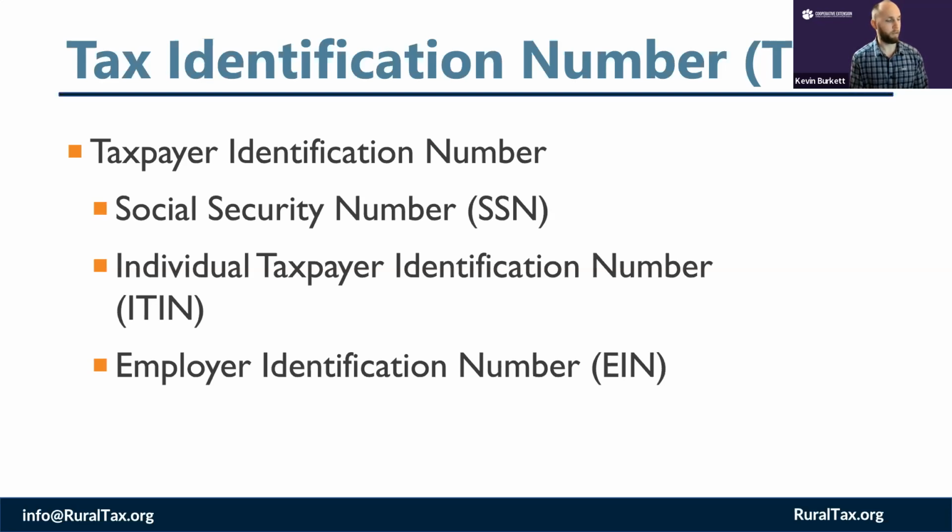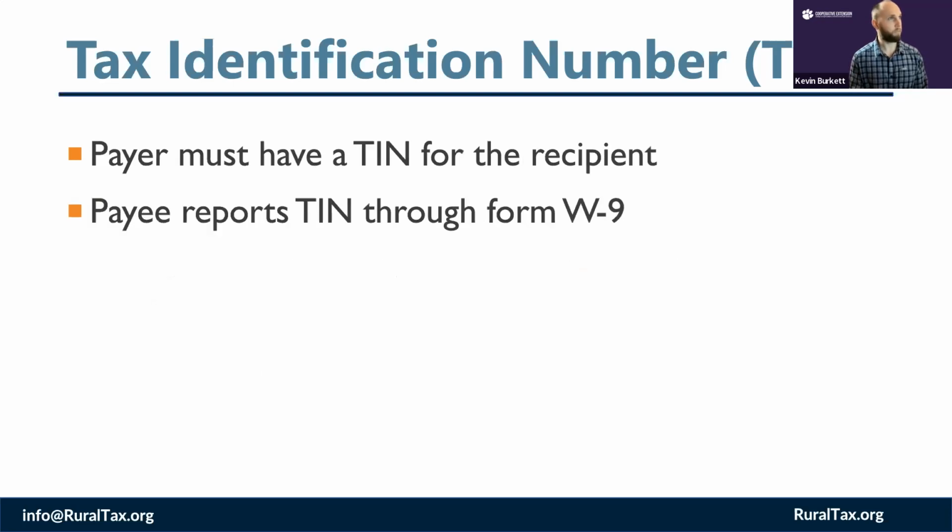And this could be different depending on who you're working with, but it could be a Social Security number, could be an ITIN, individual tax ID number, or an EIN, an employer identification number. It just depends on what they have and what they provide to you. But you have to have that information in order to file correctly for the recipient.